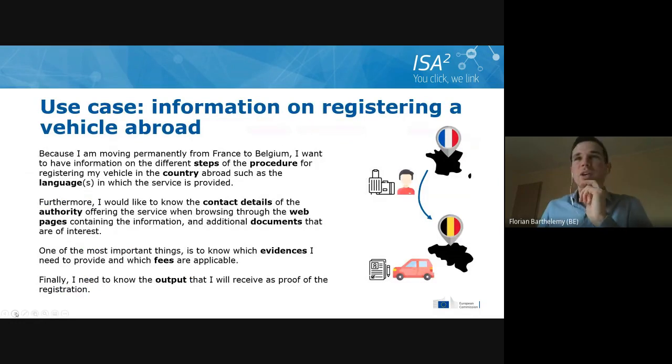And the use case that Ana Rosa was referring to is indeed information needed for registering a vehicle abroad. We simplified this use case where someone is moving from one country to another, in this case, France to Belgium, and would like to find information about what the key steps of a procedure for registering my vehicle in the country abroad are that I need to be aware of, in which language I can find it, and similar information.